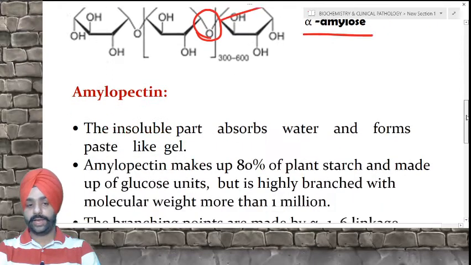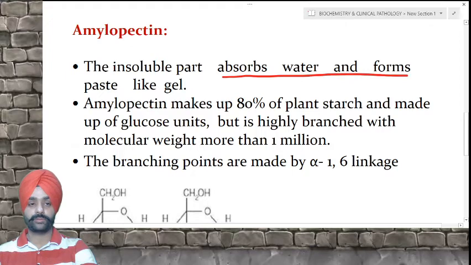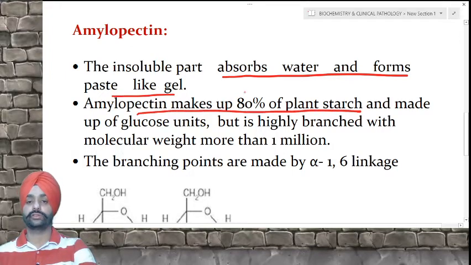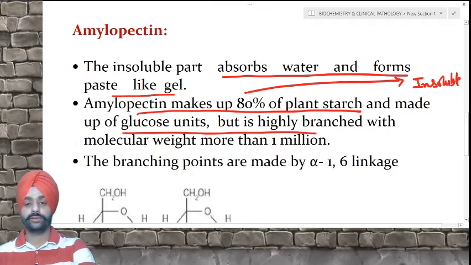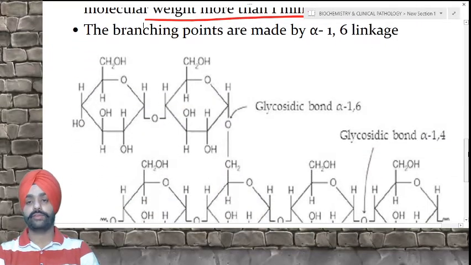Now, amylopectin is the insoluble part, which absorbs water and forms a paste-like gel. It makes up to 80% of plant starch. That is why starch is insoluble in water. It is made up of glucose units but is highly branched, with molecular weight more than 1 million Daltons.